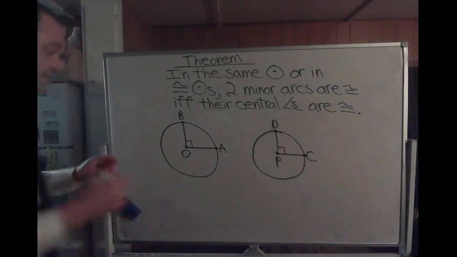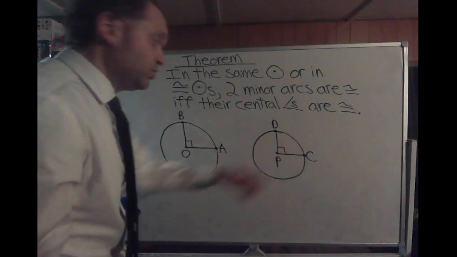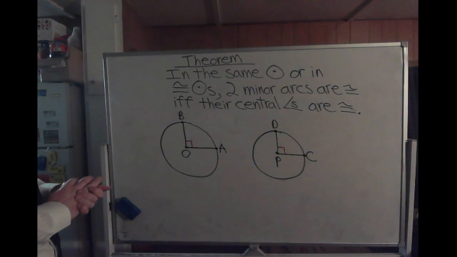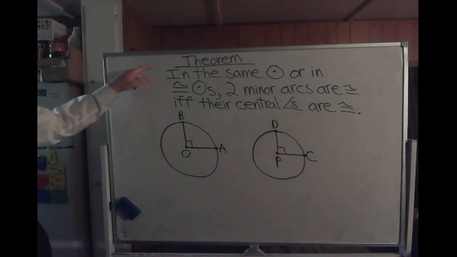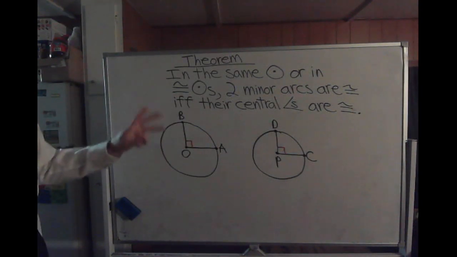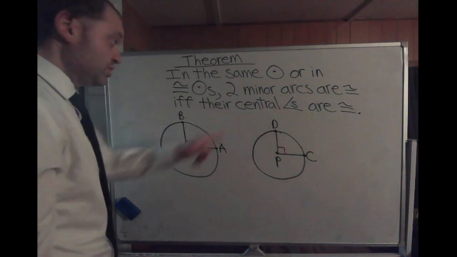Alright, I made it easy. Both of these circles have two 90-degree central angles, right? Okay, so the theorem, I'm going to read it again. In the same circle or in congruent circles, two minor arcs are congruent if and only if their central angles are congruent.